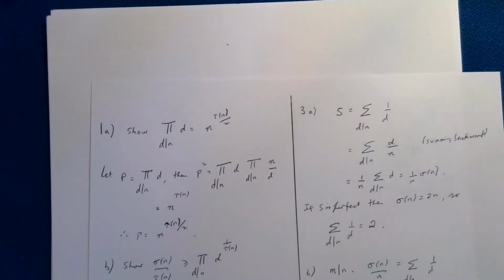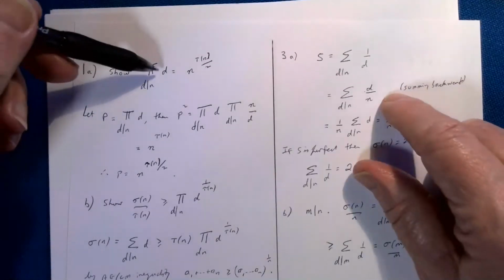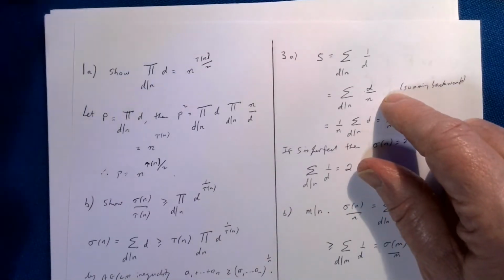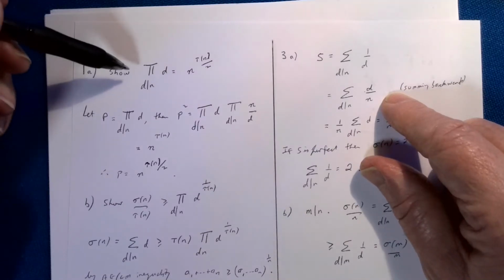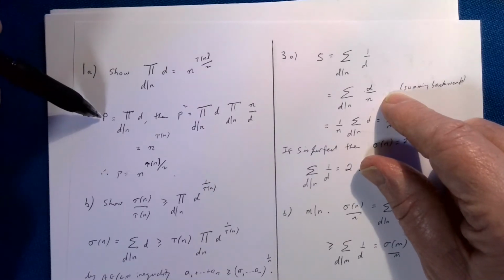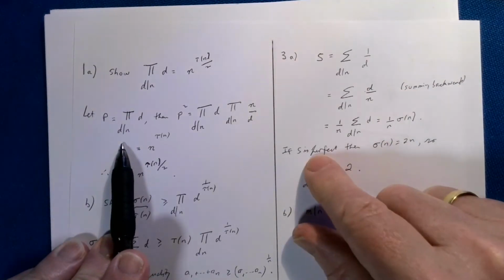So to solve the first one, we're asked to show that the product of the divisors of n is equal to n to the τ(n)/2, τ(n) being the number of divisors. Well, I'll give this thing a name, call it P, the product of the divisors of n.